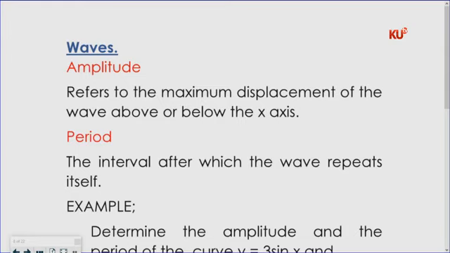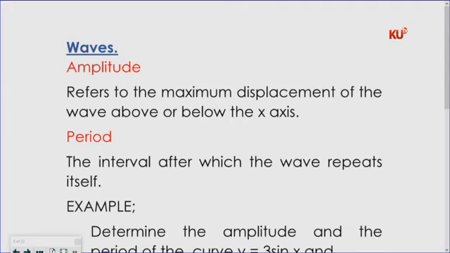So let's start with the amplitude. Though in math you can't be asked to define, it's good for you to know what amplitude is, because once you know what it is, then you can apply that knowledge to getting the amplitude. You'll be asked to get the amplitude and the period. So amplitude refers to the maximum displacement of the wave above or below the x-axis.